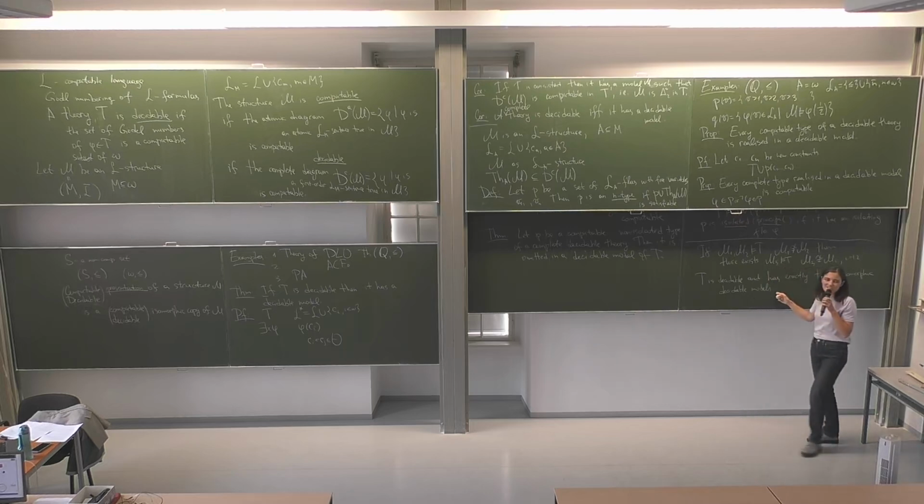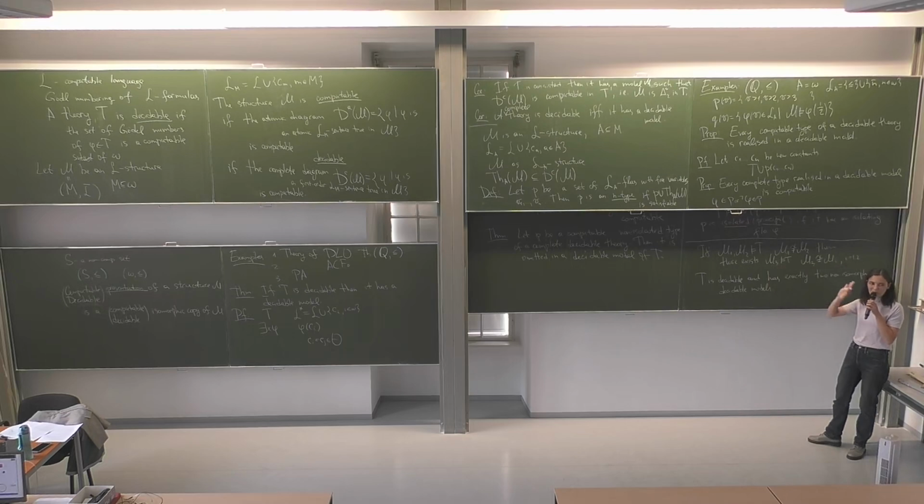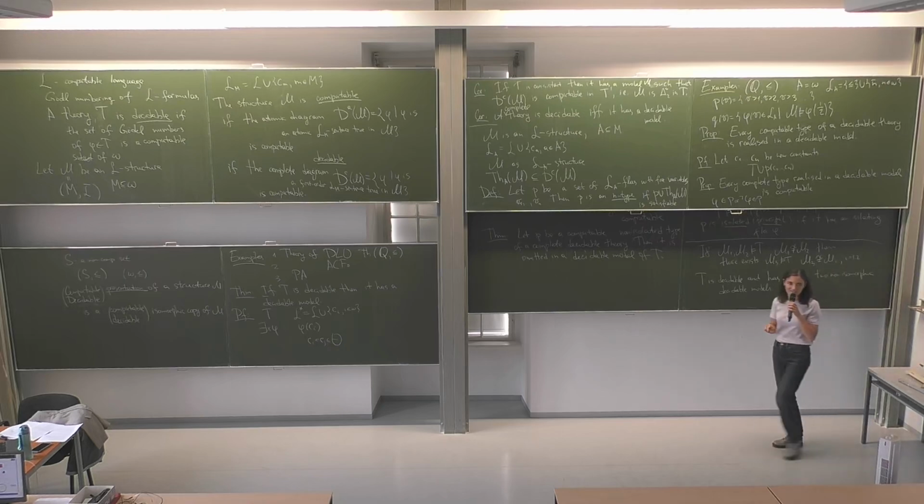It has a lot of non-decidable models, actually uncountably many countable models in general, but decidable models it has exactly two. Okay, so this is where we'll start next time.